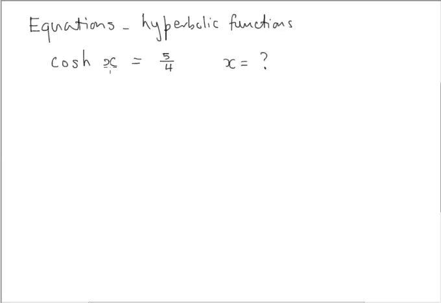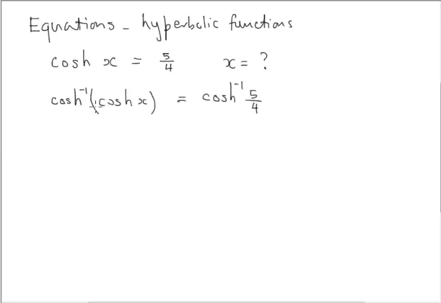Then, because x is under cosh hyperbolic, we need to call the cosh hyperbolic inverse function. So the simplest thing to do is to say cosh hyperbolic inverse of cosh hyperbolic x equals cosh hyperbolic inverse of 5 over 4.